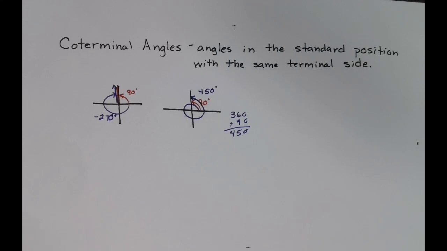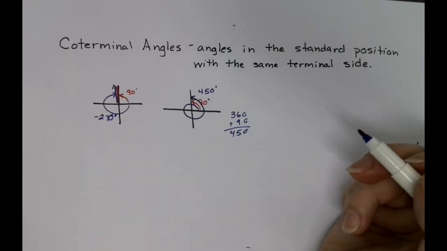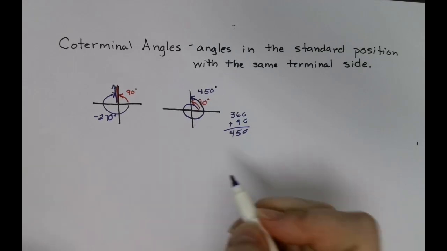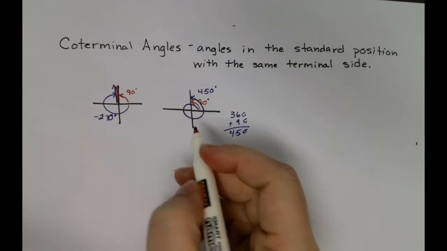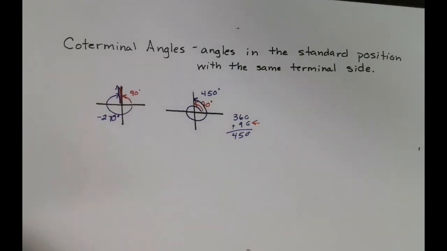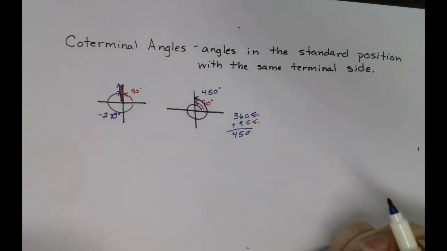So our general rule of thumb here is basically anything that is a full circle away from the original angle would also be coterminal, whether it's going forward or going backward. So if our rule of thumb is that we add a full circle to it, then we can start with what we were given. So we had the 90-degree angle to start with, and we wanted to move a full circle ahead of it, so that's why we add 360 to it.